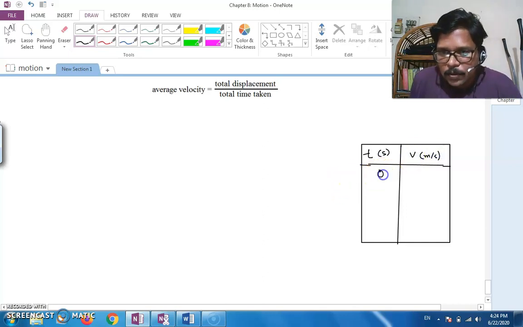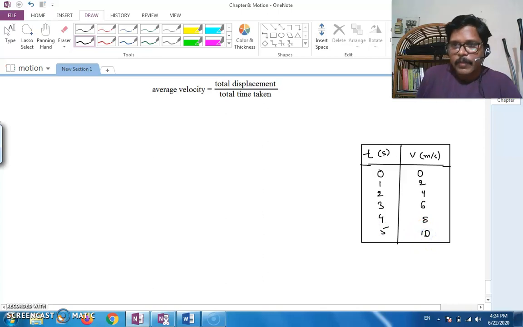For 0 seconds, the object is at rest, 0 meter per second. At 1 second, the velocity has changed to 2 meter per second. At 2 seconds, it has changed to 4 meter per second. In the third second, the velocity increases to 6, in the fourth second to 8, and in the fifth second to 10 meter per second.